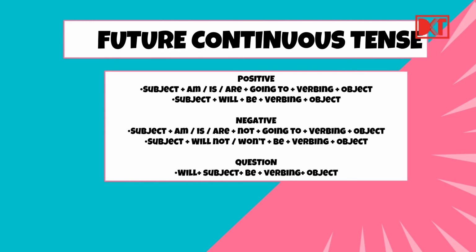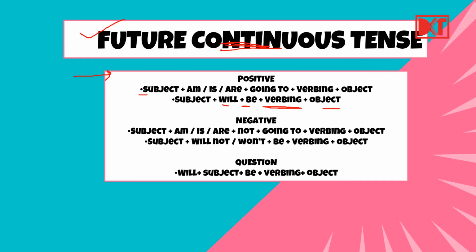Alright, so the next step we have is the future continuous tense. Let's see how it is formed. When we're talking about positive sentences, we have subject plus will plus be plus the verb plus ing and then the object. Since it is the continuous form, we will be having the verb plus ing.